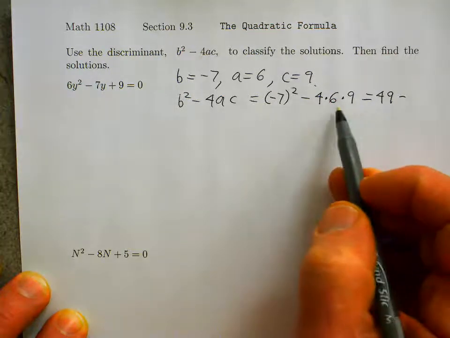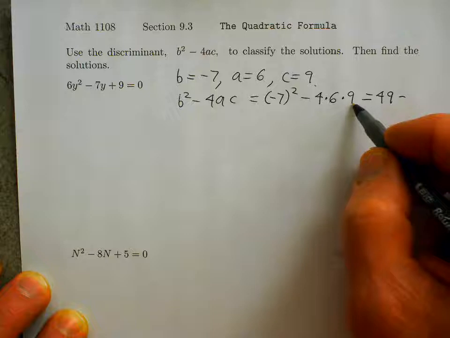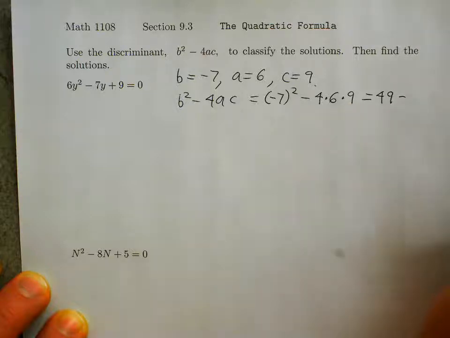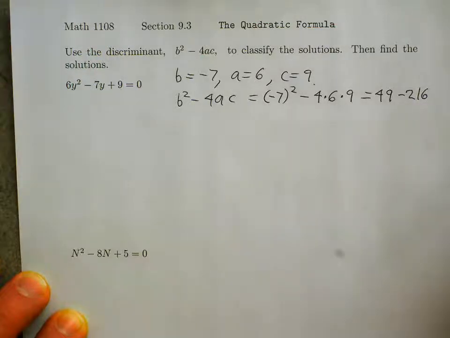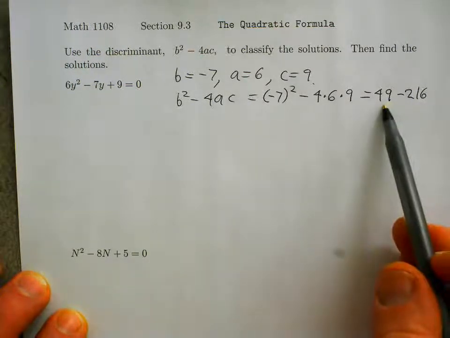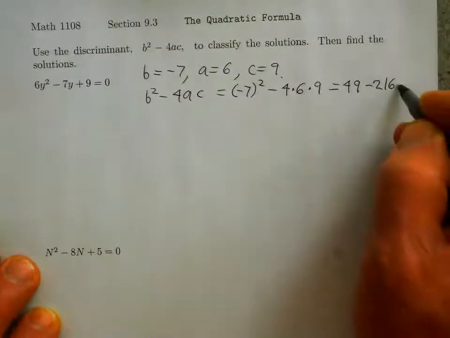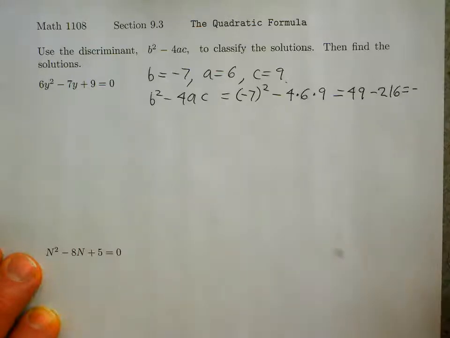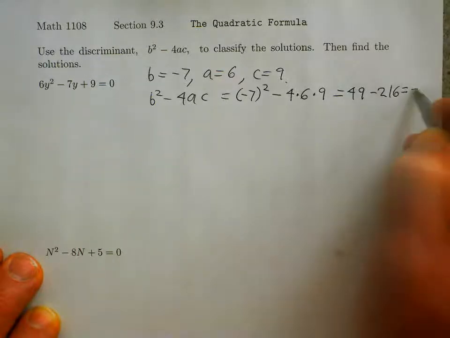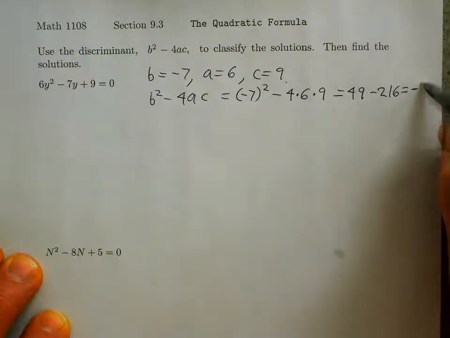And then we're subtracting 216. 4 times 6 times 9 is 216. And then 49 minus 216 is negative 167, I think, isn't it?